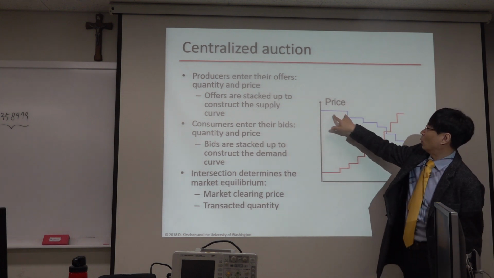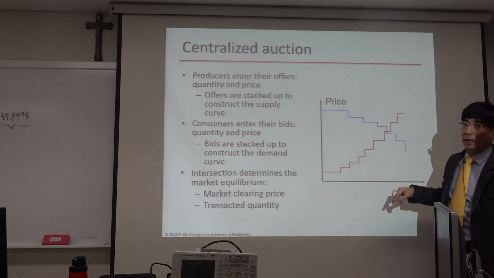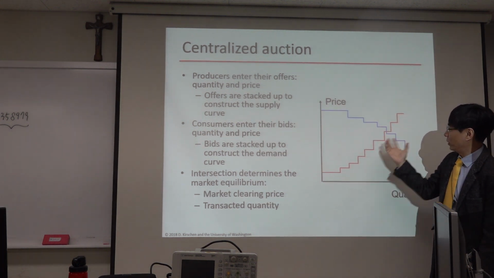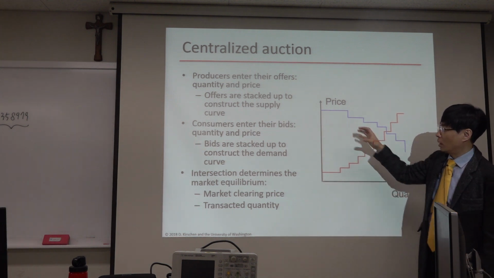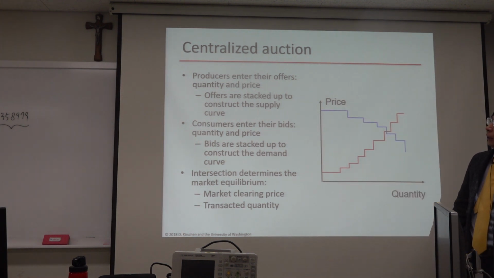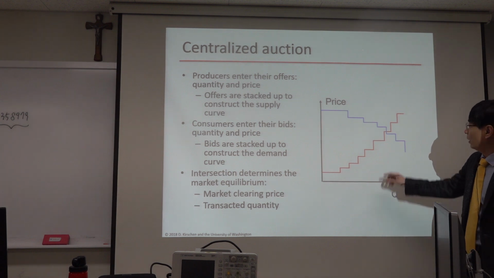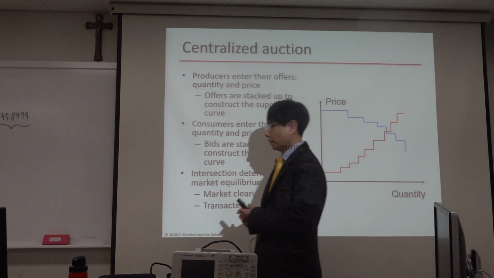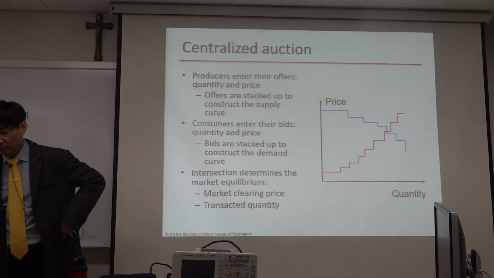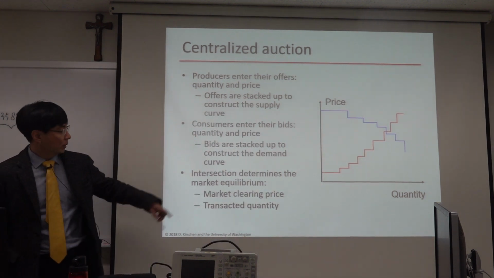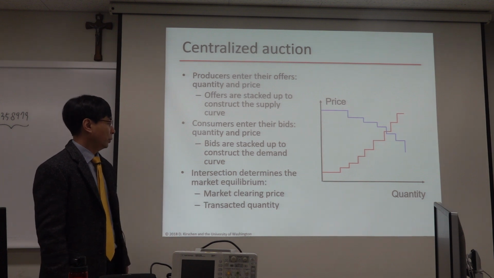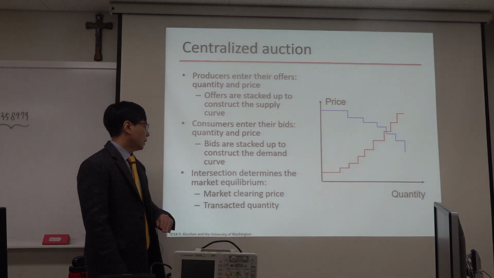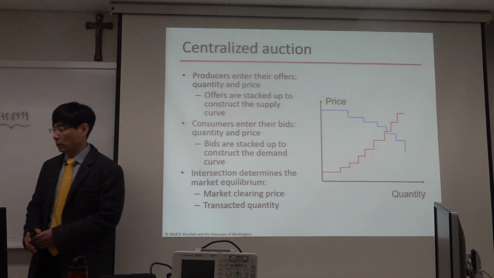Okay, people 1, people 2, people 3, and then when we stack that together in this direction, we can construct this demand curve. Okay, and they meet at some point. This is the market equilibrium point. So the intersection determines the market equilibrium, and the market clearing price and the transacted quantities are determined.